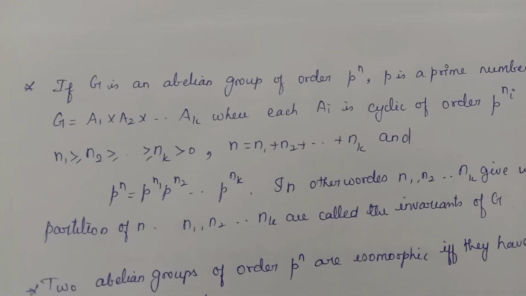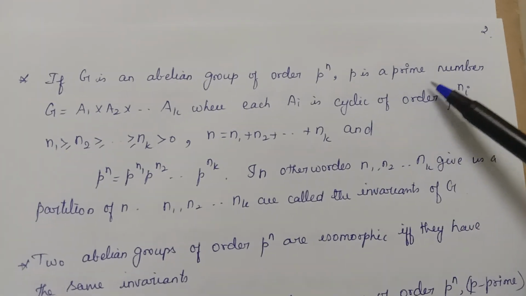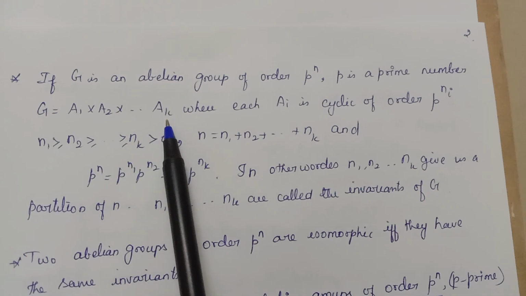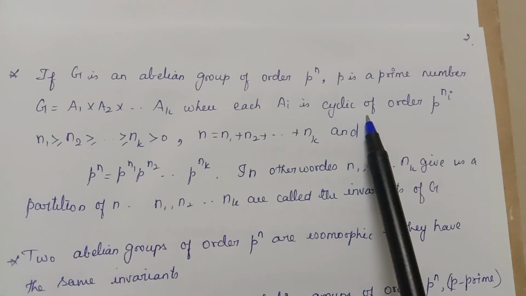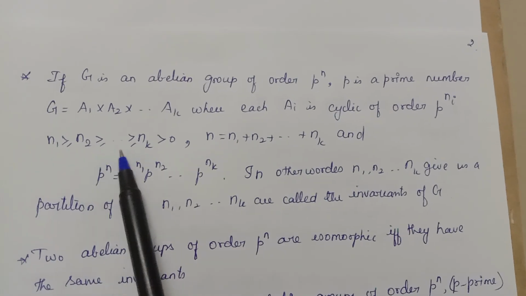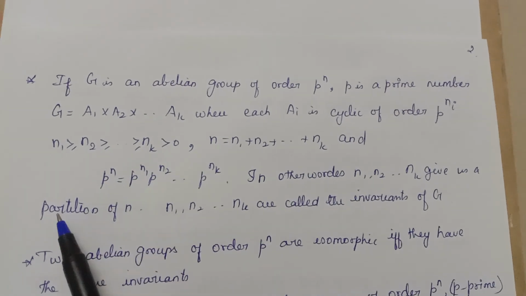Okay, then next one, let G be an abelian group of order P power n, right? Then G can be written as A1 cross A2 cross etc. Ak, where each Ai is a cyclic group of order P power ni, where n1 is greater than or equal to n2 greater than or equal to etc. nk, right?